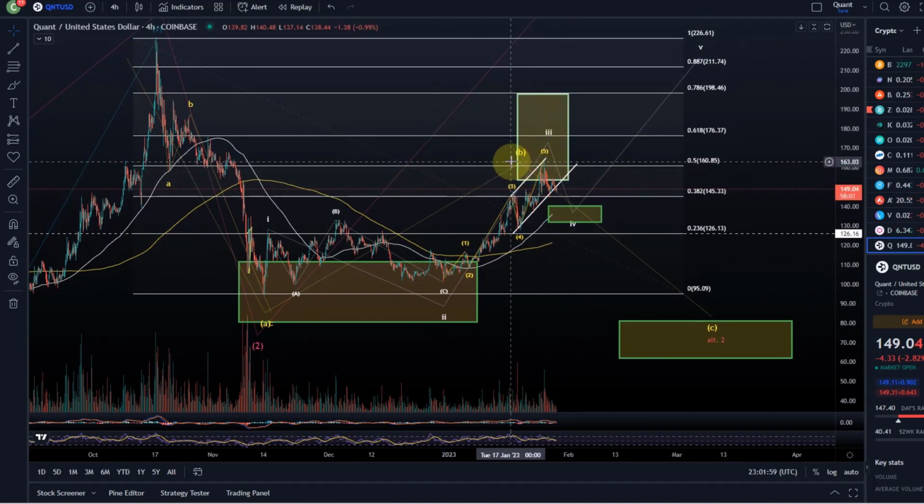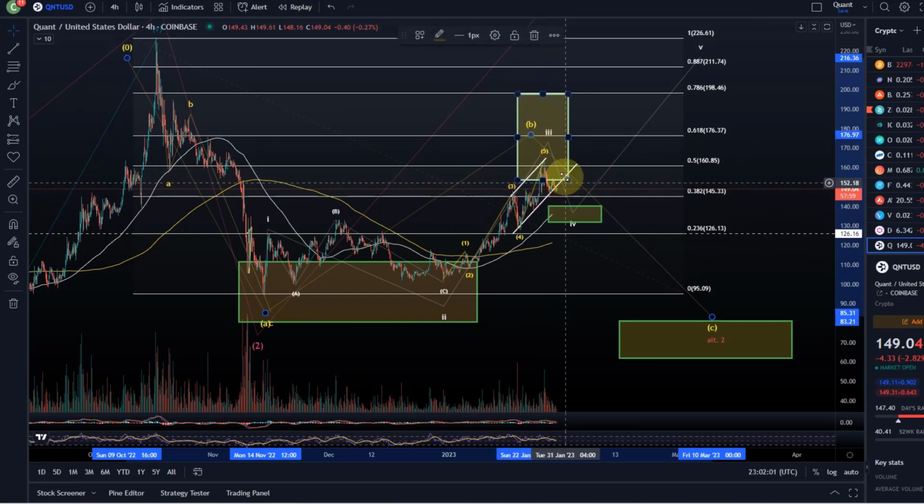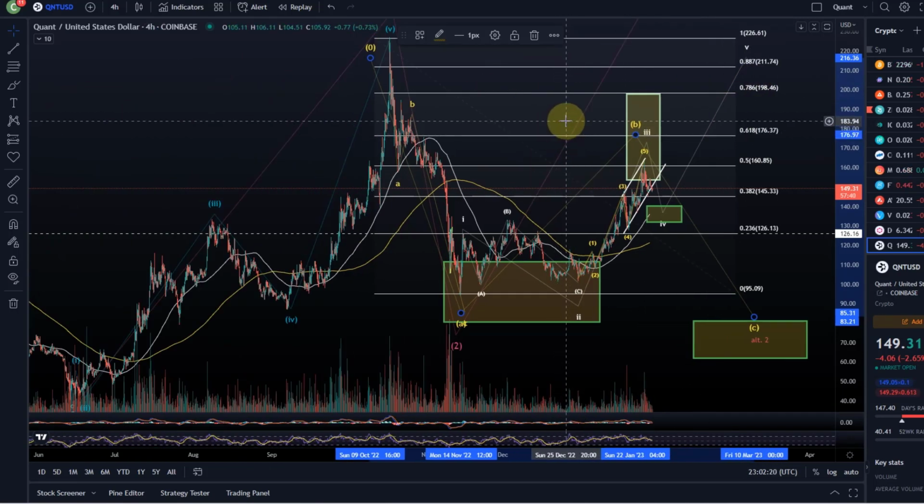Until then, it's possible that the B wave extends further. Next targets, should we break above that $161 level from which we got rejected, would be the 61.8% retracement at $176 and the 78.6 retracement at $199. So that's the situation where we are.